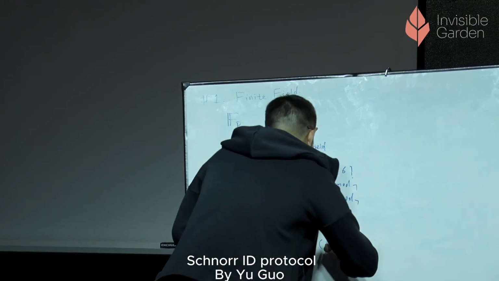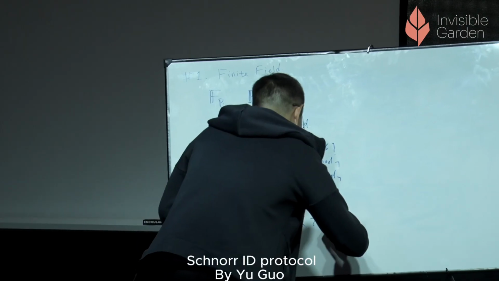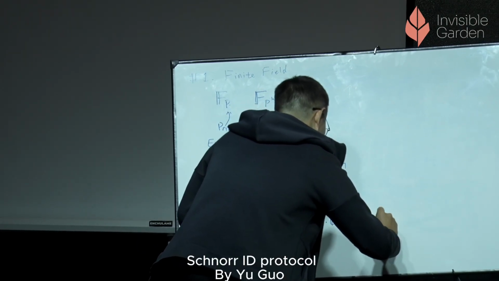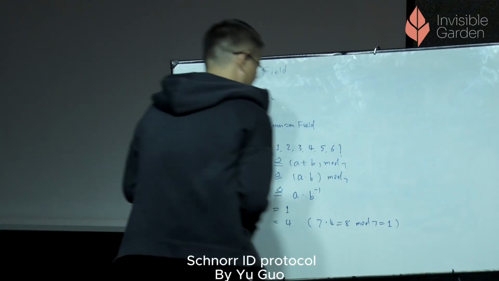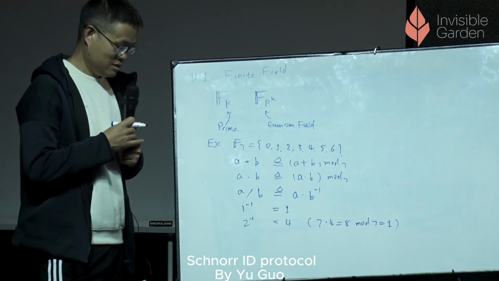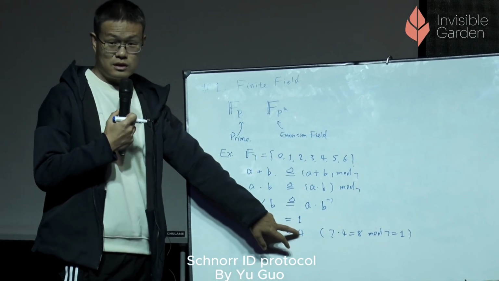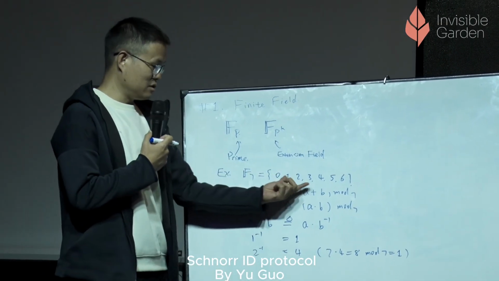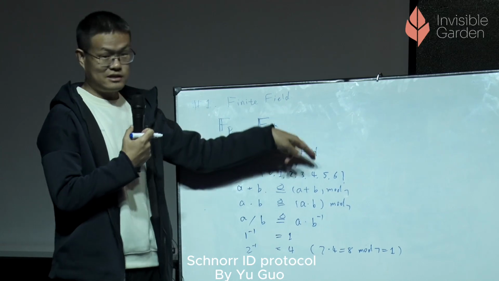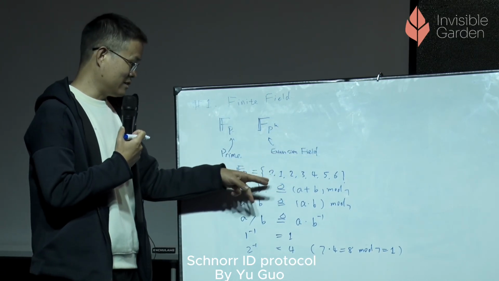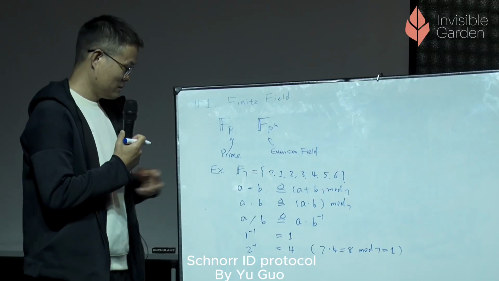Why? Because 2 times 4 equals 8, and 8 mod 7 equals 1. So every inverse of an element is still in the set, except 0. We cannot divide by 0.